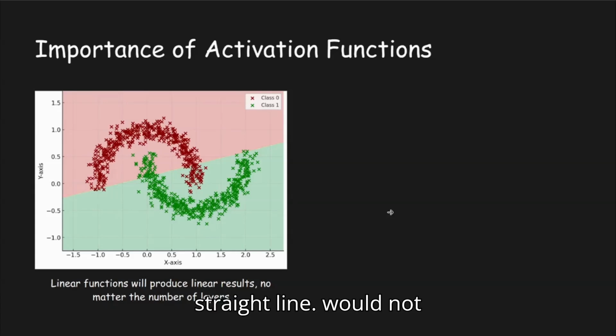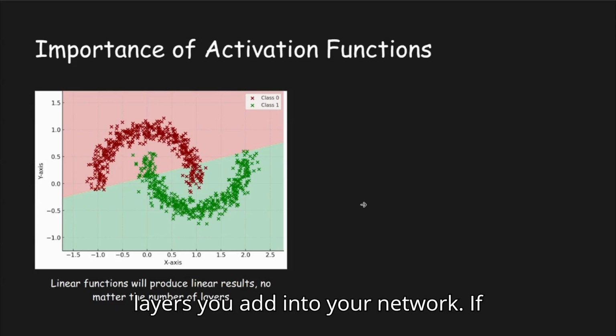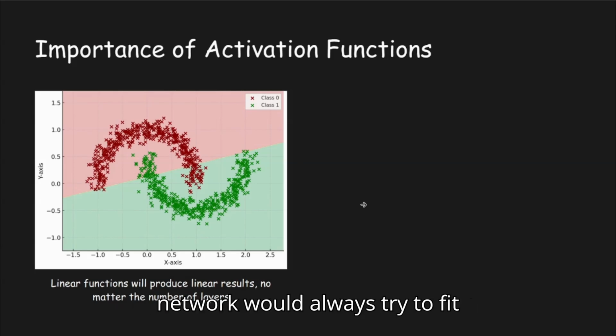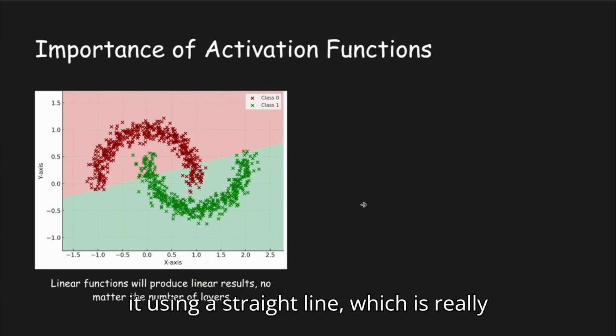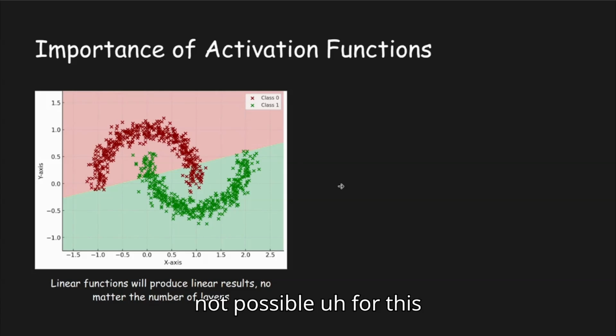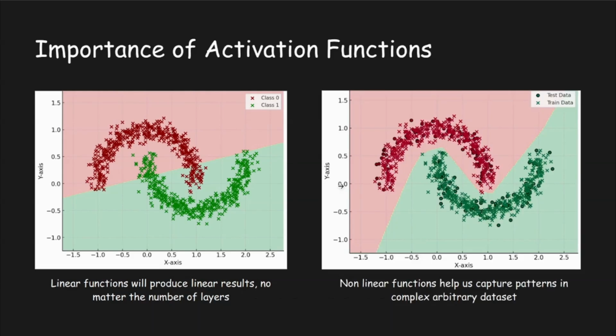A straight line would not capture the essence of this data set, no matter how many layers you add into your network. If there is no activation function, the network would always try to fit it using a straight line, which is really not possible for this data set. This is why we need activation functions to add non-linearity.